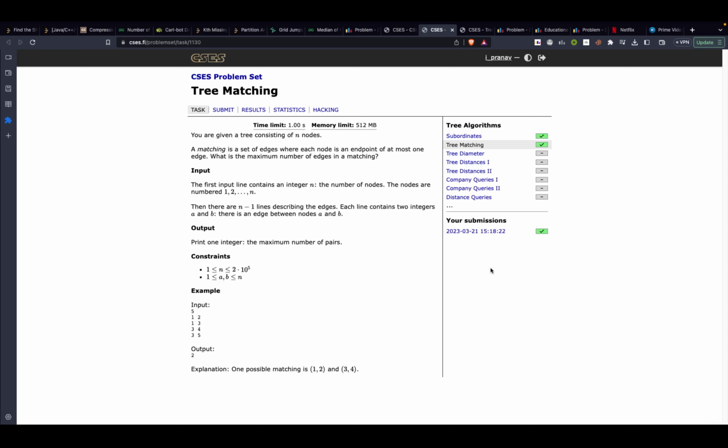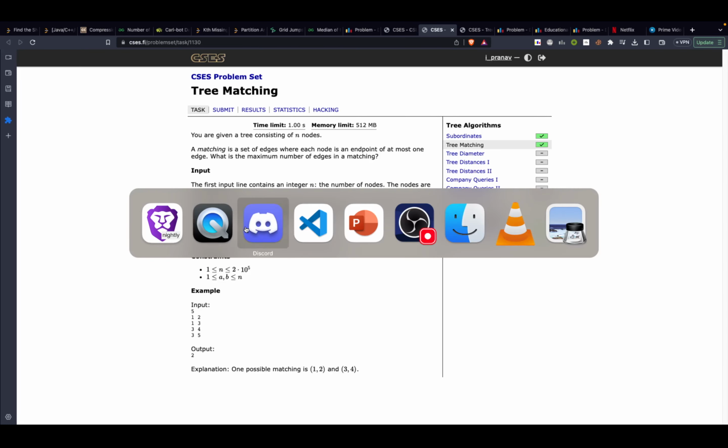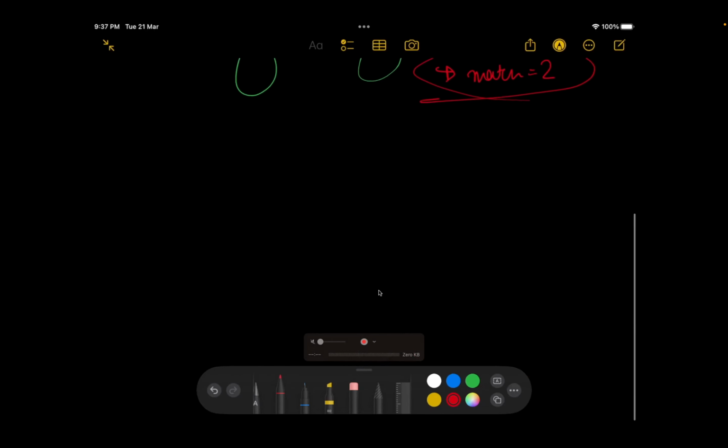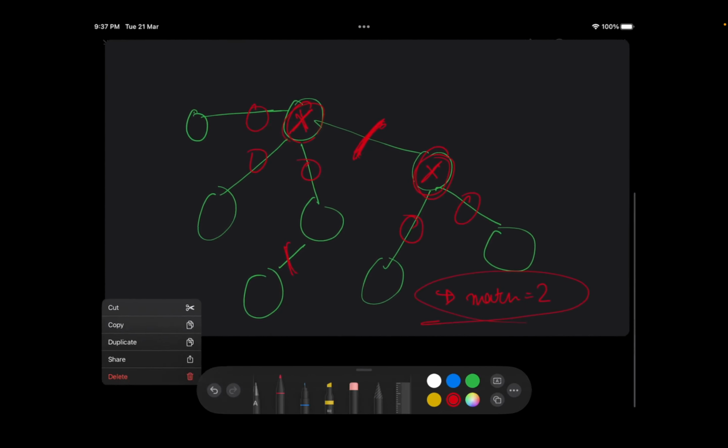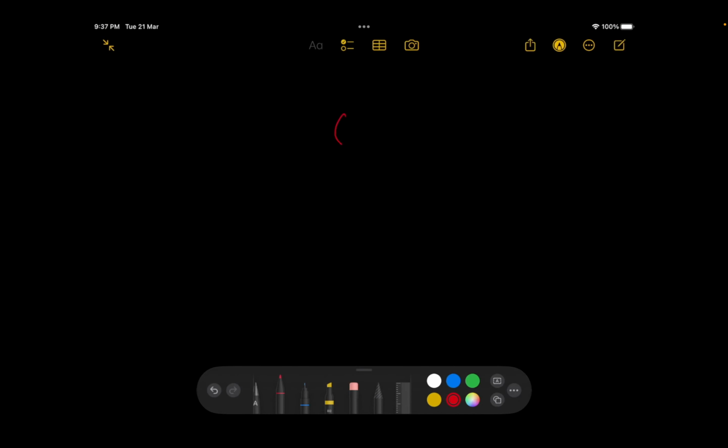So how would we solve it? Let's try to break the problem into smaller subproblems, right? So what I'll say is, let's root my tree at any node. This is not a rooted tree, but I can root it at any node and it won't change anything. Now we generally say that it's without loss of generality, but the thing is, even if you're rooting at, let's say, node 1 or 2 or any node for that matter, if I'm breaking it down into subproblems, the generality holds, because the subproblems are independent of each other, and because of that, no matter what node you select as the root node, the answer always remains the same.